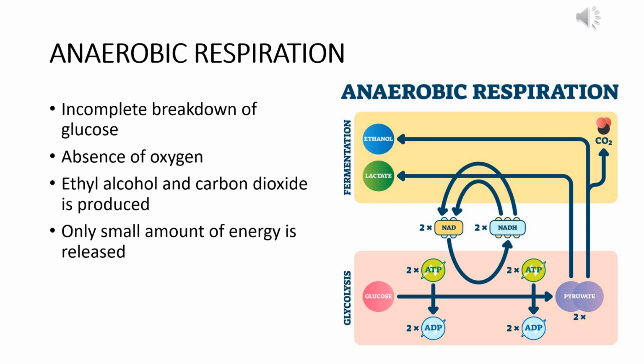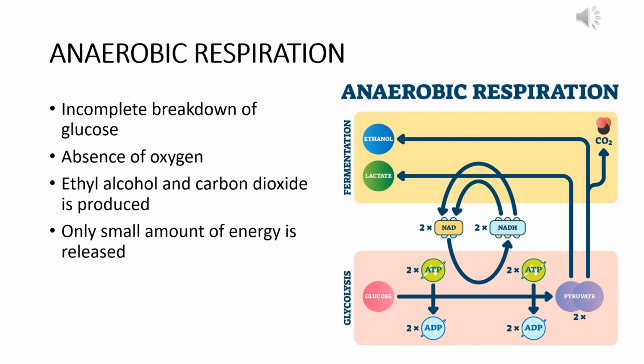Now anaerobic respiration can only happen for a few days. It cannot be happening for a continuous time. If for a continuous period of time oxygen is unavailable, then for the first few days anaerobic respiration can happen. But after that, if oxygen is not available, that plant part will eventually die. So anaerobic respiration is a temporary solution. It is not a permanent one.